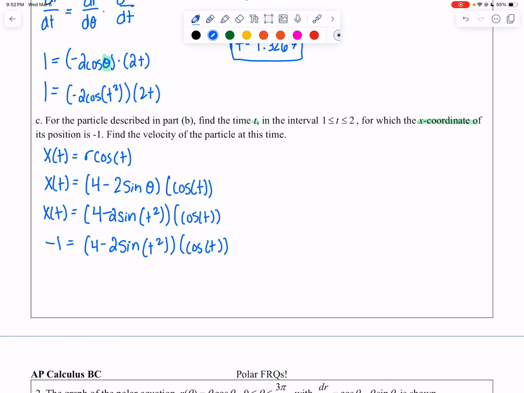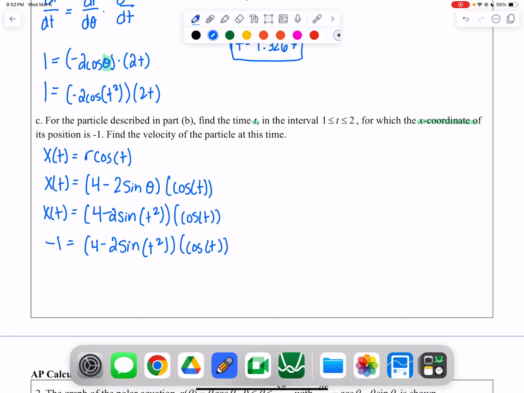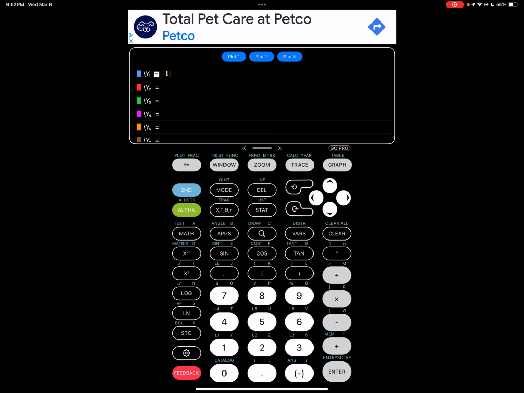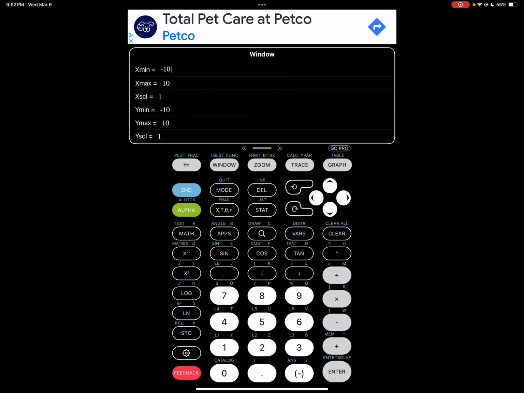All right, so we are going to put this into the handy-dandy calculator where I have -1 as y1. And then for y2, I have 4 minus 2 sine of x squared. Make sure that the square is in the inside. And then I have cosine of x. You want to change your window because it is from 1 to 2.